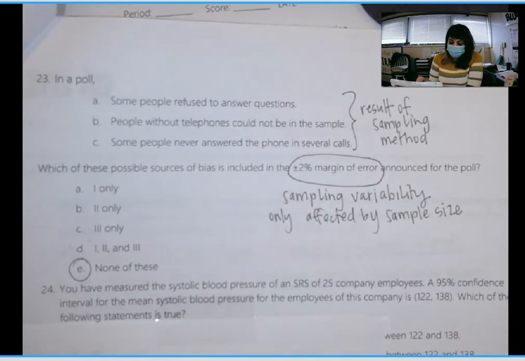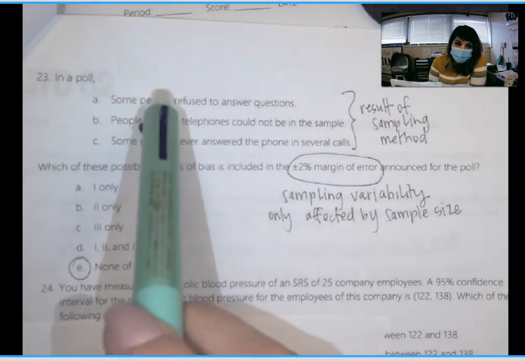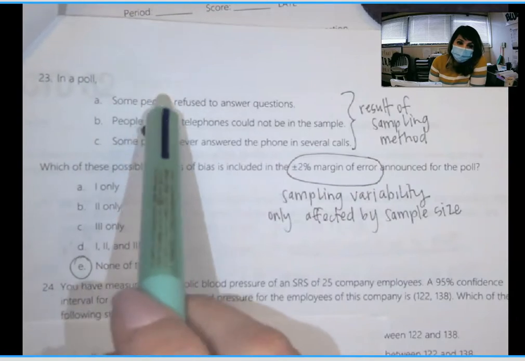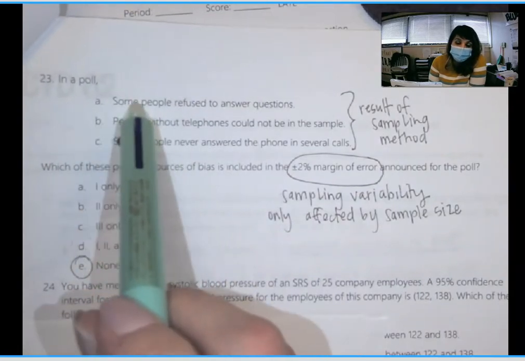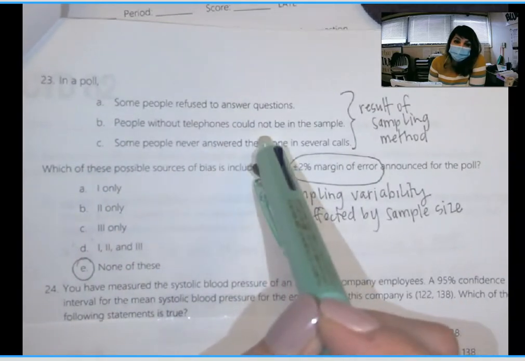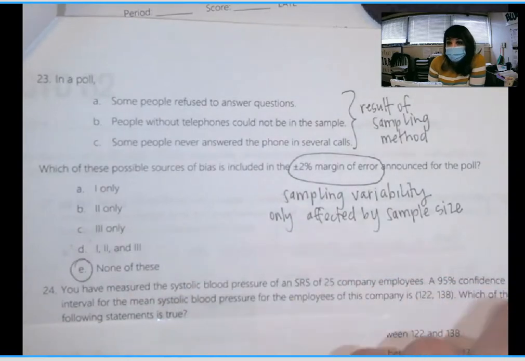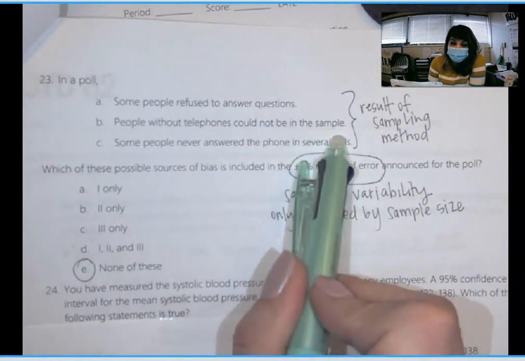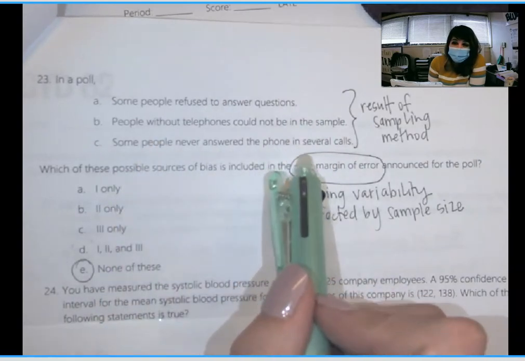So some of the error that could be caused by our method of sampling are these things. So these things are things that we could control. So some people refuse to answer the question. Some people, without a telephone, you're doing a telephone survey and they don't have a phone, so you would not be able to get their input. And maybe some people just choose not to answer.